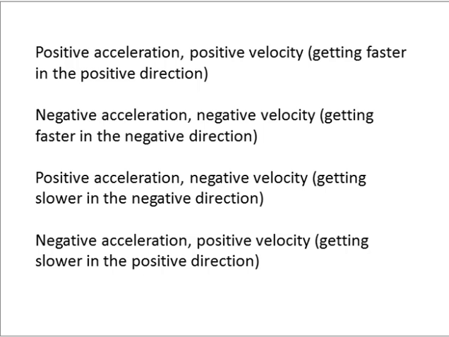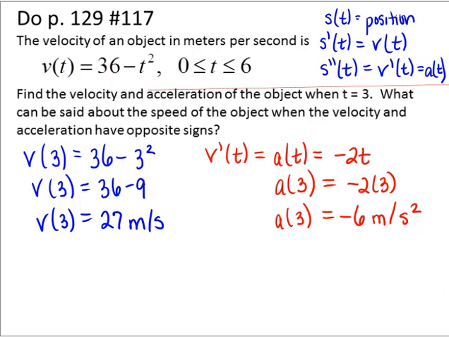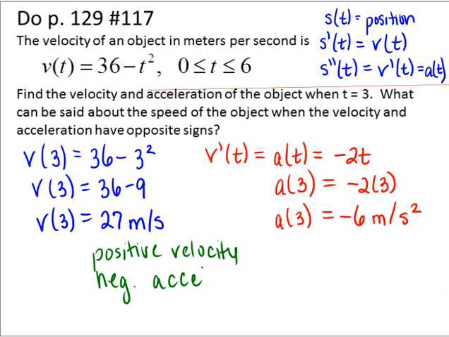So if I go back to the problem that we are working on, you can see that I have positive velocity and negative acceleration. Having different signs always leads to going slower.